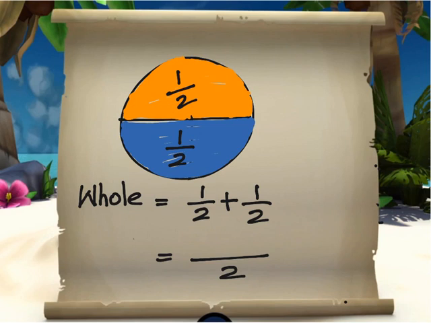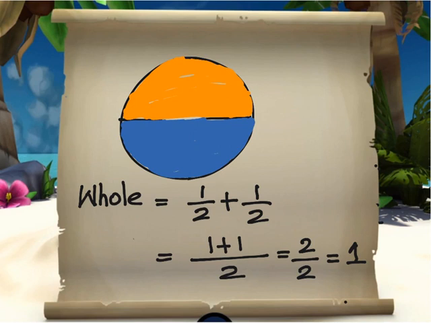So I'm writing the same denominator 2. And let me add only the numerators, which is on the top, which is 1 and 1. 1 plus 1 is 2 by 2. Same number divided by same number will be 1 whole. So half and half becomes 1 whole.